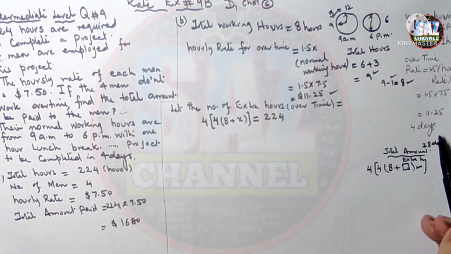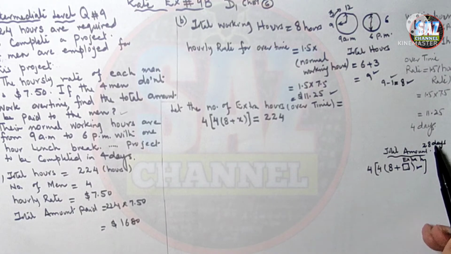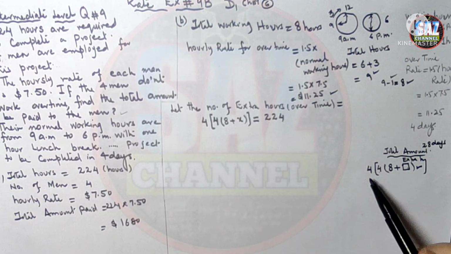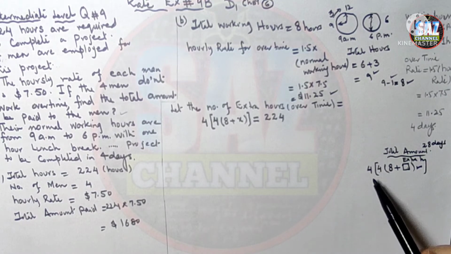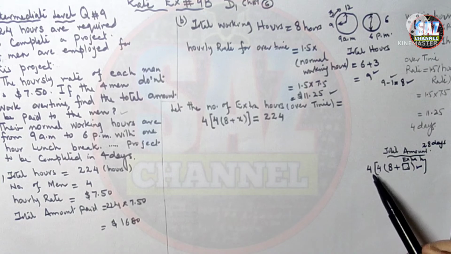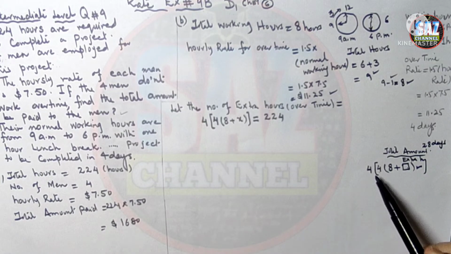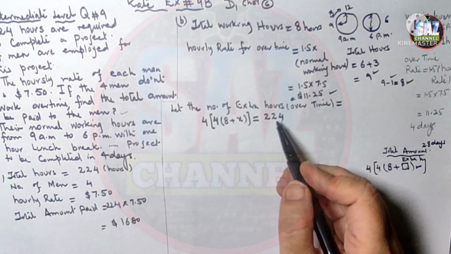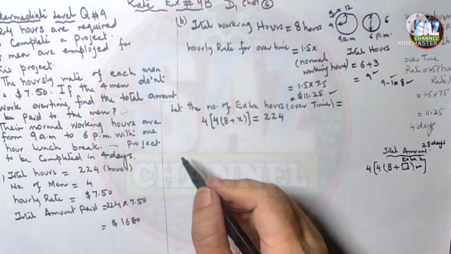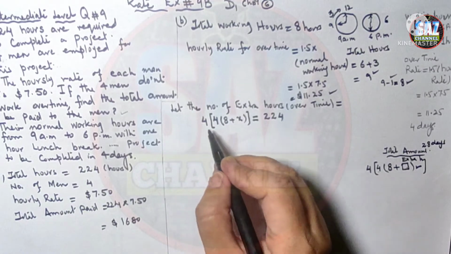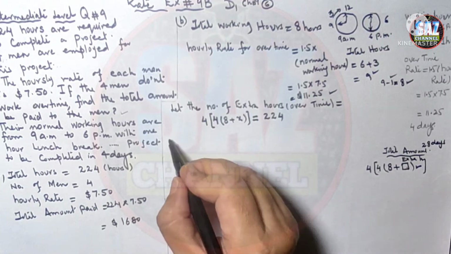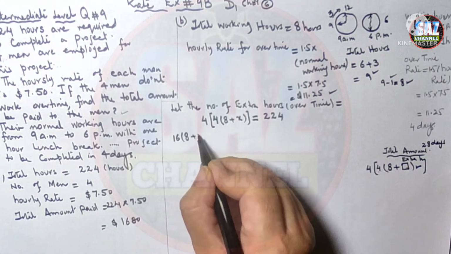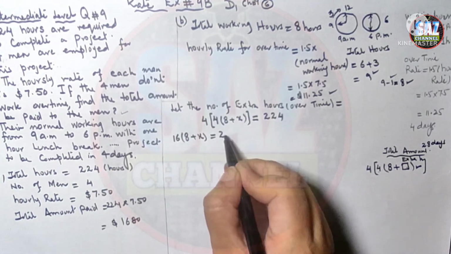The same work that we were finishing in 28 days, now we need to finish in 4 days. So to finish that work in less time, we have to ask the labor to work overtime. That's why we are equating the same work to 224, and now this becomes 16 into (8 plus x) equals 224.